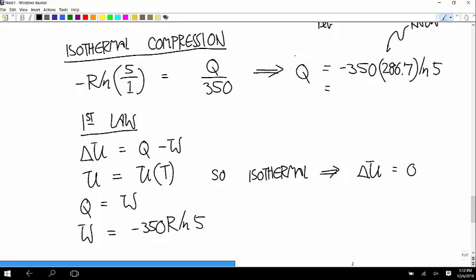And what do you get for that? Negative what? 161,493. Okay, so that means that work is also negative 161,493.22.